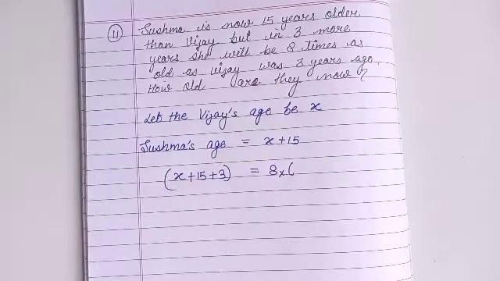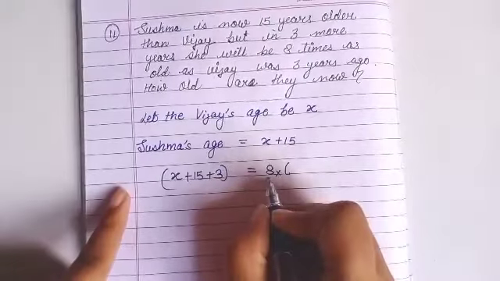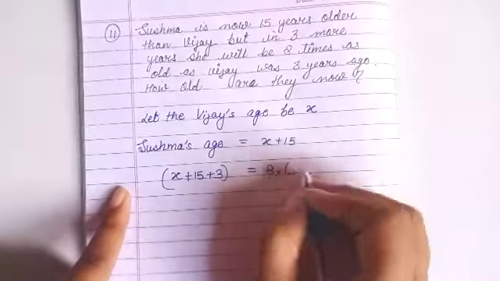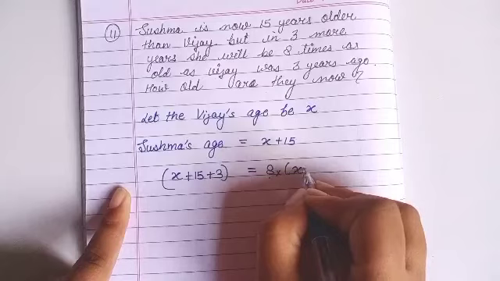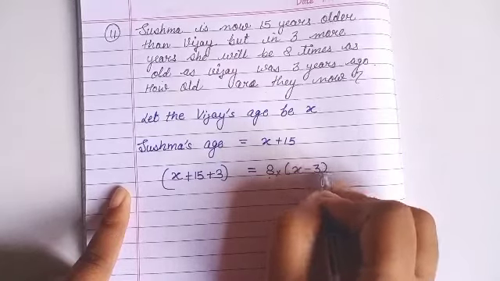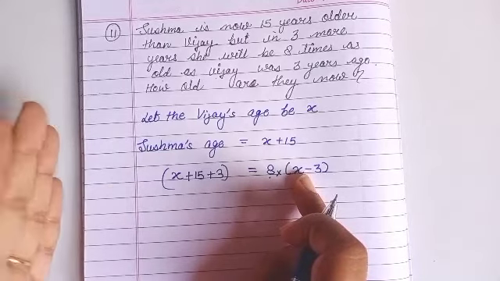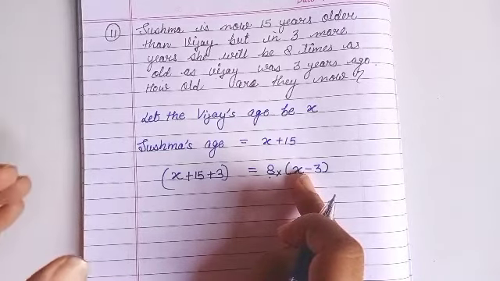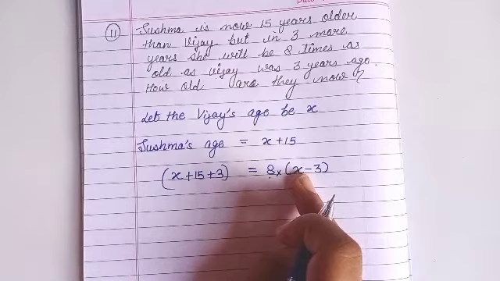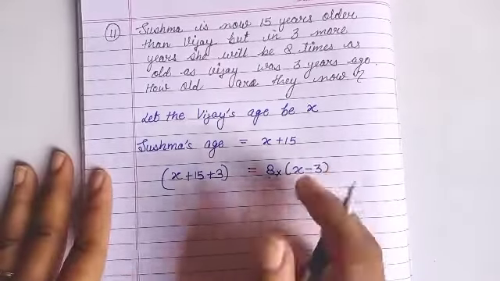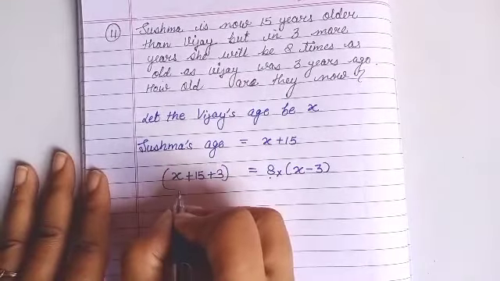It means whatever Vijay's age was 3 years before, 8 times of that. So 3 years ago Vijay's age will be x minus 3. If today it is x, then 3 years before Vijay's age will be 3 less. So we have subtracted 3 here. Now simply solve this equation.